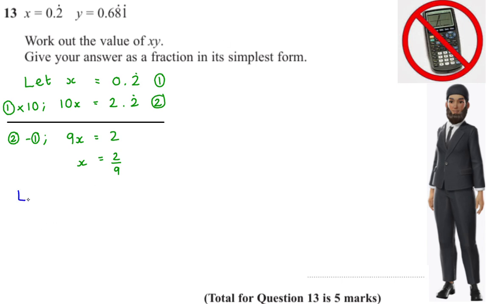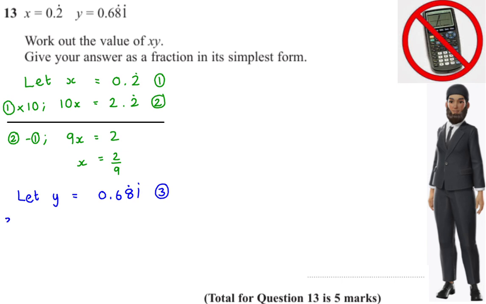Let y is equal to 0.681 recurring. Let's call this equation number 3. And we want one part of this recurring element to be immediately to the right hand side of the decimal point.